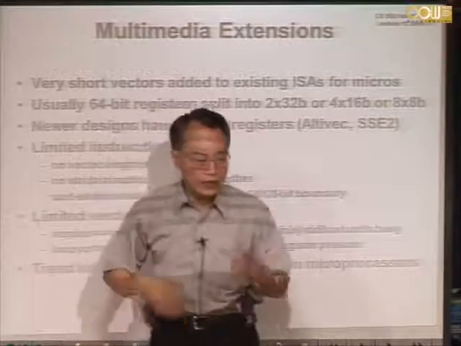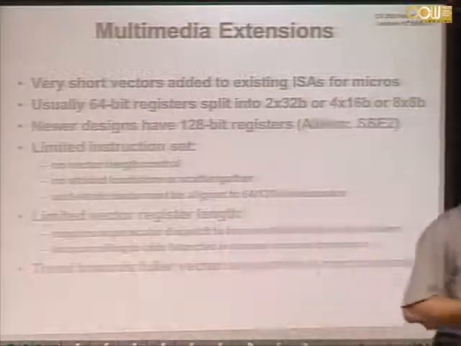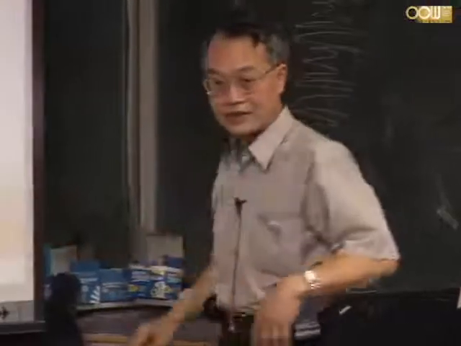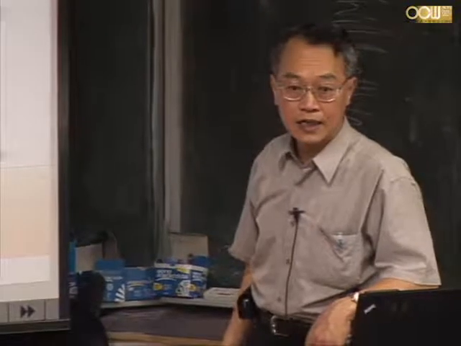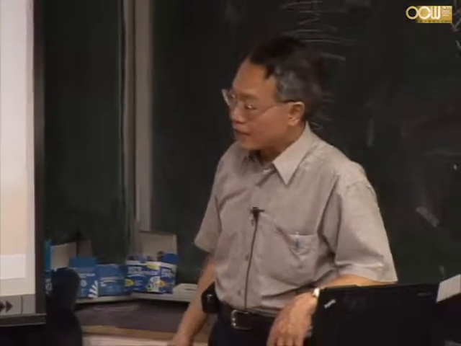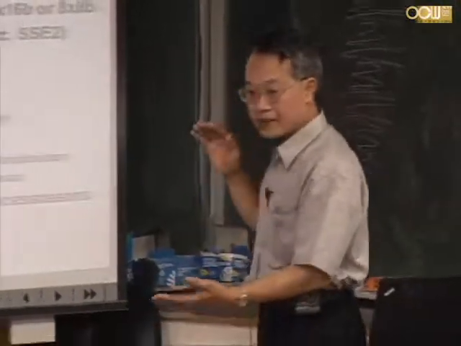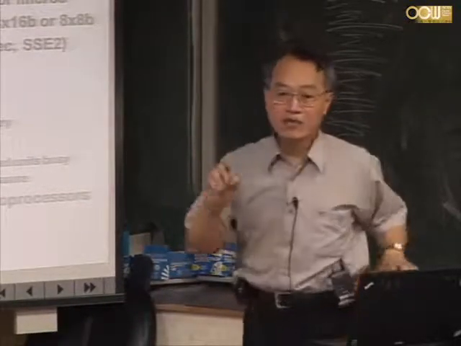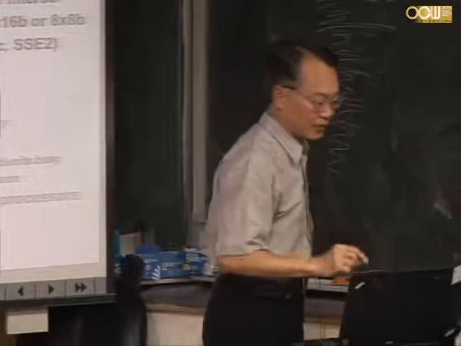Yes, I need to do a lot of RGB type operations. I really don't need very long vector registers, okay? And not very deep pipelined function units. So we do have a lot of short vectors in our daily life.